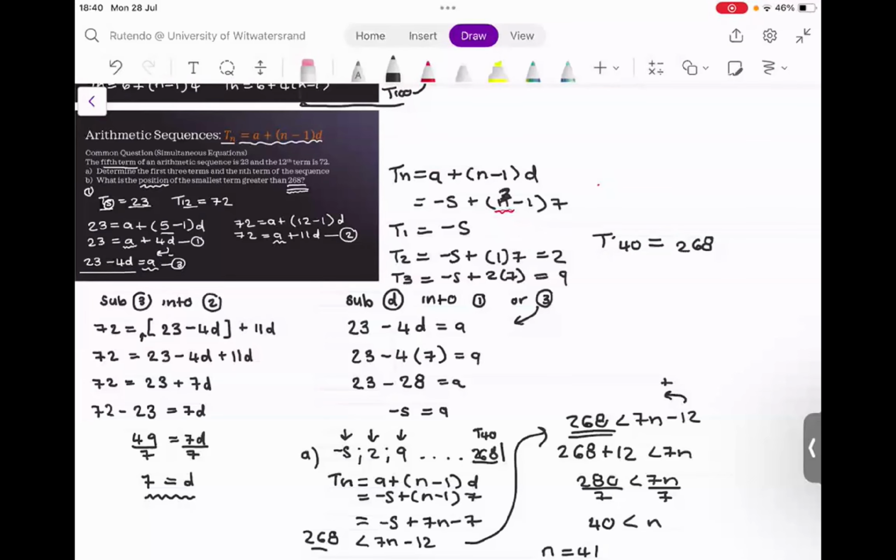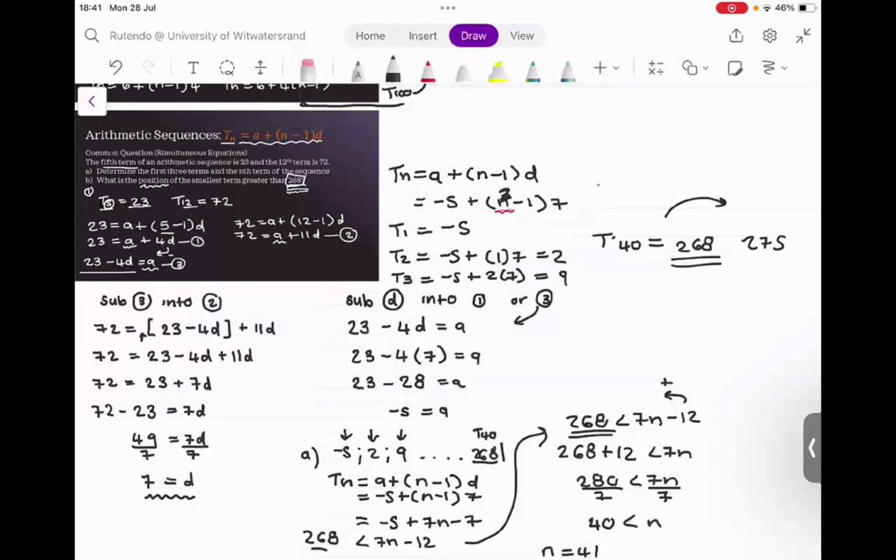But the question is asking, what is the position where the smallest term that I have is greater than 268? This is at 268. If I go one term further, what am I adding? 7, right? So 268 plus 7 equals 275.